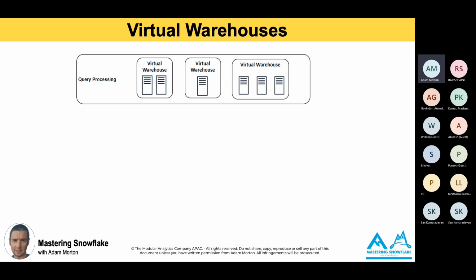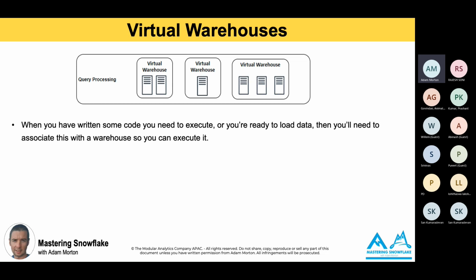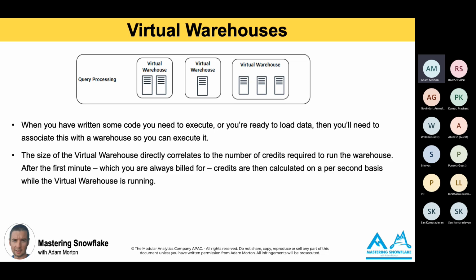So warehouse A, for example, can access the same data at the same time as warehouse B. When you've written some SQL code and you need to execute that, or you need to load some data in, you'll need to attach that query or load process to a virtual warehouse so you can actually run that query. Snowflake won't let you run the query unless you have a virtual warehouse attached to that.